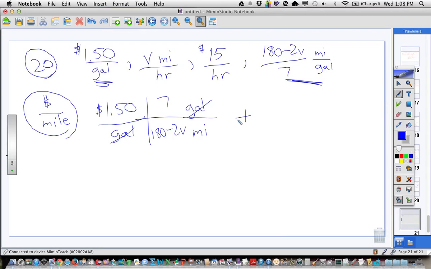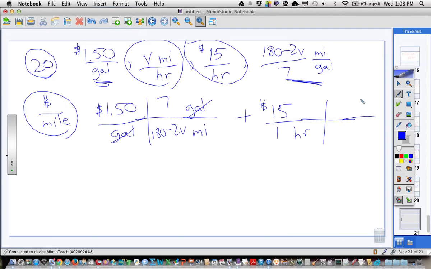All right, then we want to add to that the cost of the driver. Well, he's these other two. He's $15 per hour. So $15 for 1 hour, and so we want hours to cancel, and we want miles down here. Well, this is going to work out nicely. We got V miles per hour. So where's the V go? On the bottom.